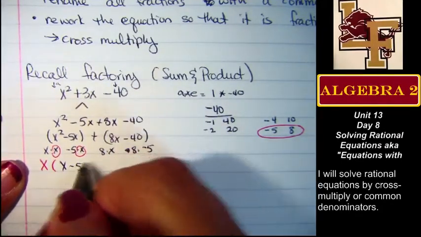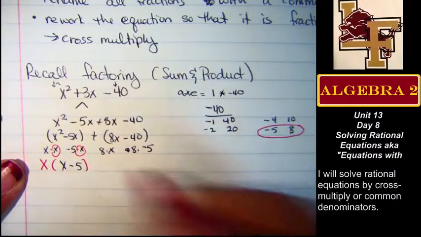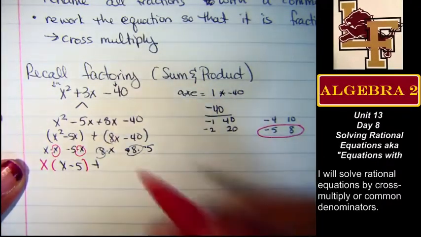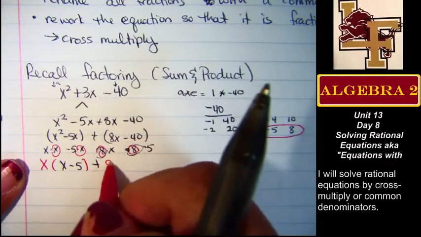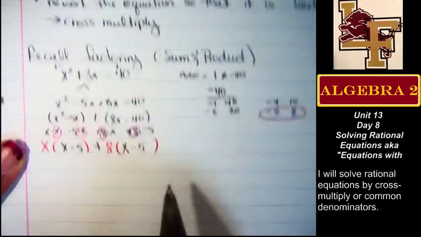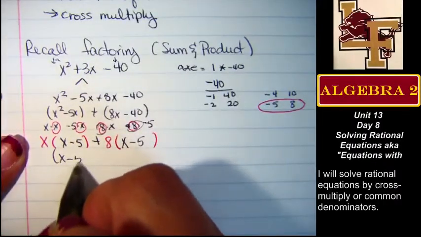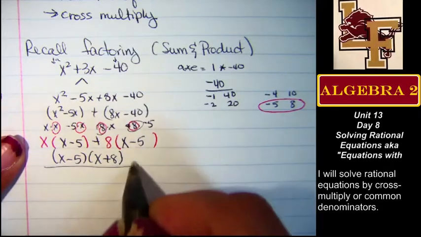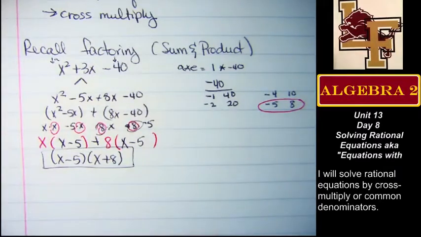I will be using the shortcut for the rest of the day once I finish this one, just so that you can see all of the factoring. Okay, it's factored. Remember that?